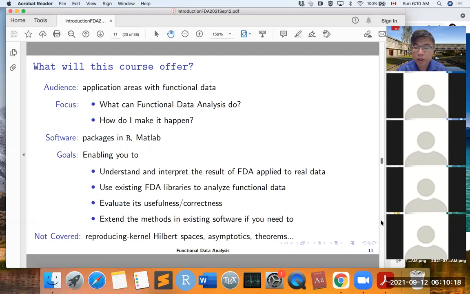I will show you the FDA package to analyze functional data, and I will also show you some recent methods in functional data analysis. I will not cover theory for functional data analysis, like asymptotic distributions and reproducing kernel Hilbert space.